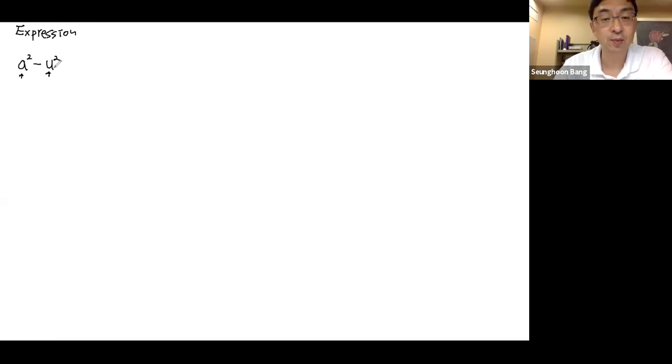From the previous example, 4 minus x squared: in this case, 2 equals a and x is u. Another expression is a squared plus u squared. The last one is u squared minus a squared. We have three expressions. So what kind of substitution do you use? We can use the trigonometric substitution.